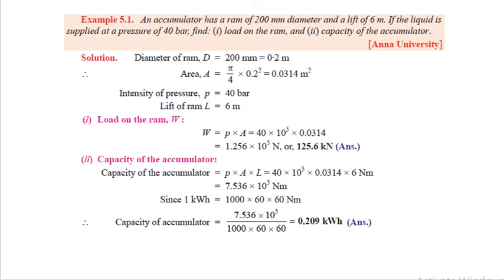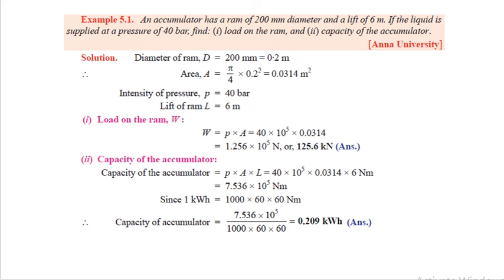You can convert it into Newton per meter square by multiplying by 10 to the power 5. So load on the ram will be P into A, that is 125.6 kilonewton. Capacity of the accumulator, you all know that the formula of capacity will be P into A into L. P is given, A you had calculated, and L is also given in the question, so you can calculate the capacity of the accumulator, and this is 7.536 into 10 to the power 5 Newton meter.